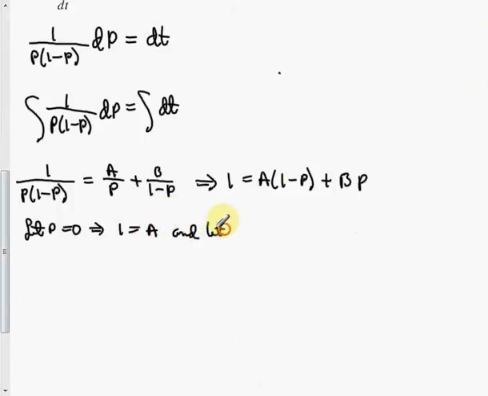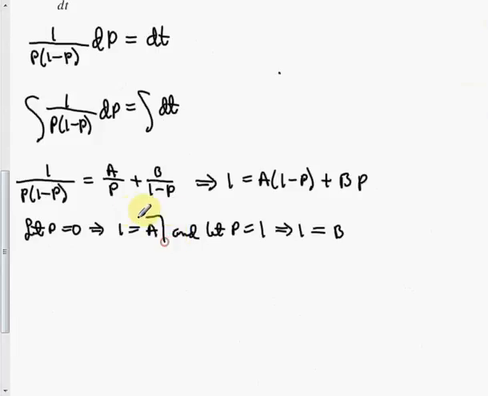And let p equal to 1, cancel out one variable to solve for the other, we call it a and b, the generic constants. So if we let p equal to 1, that'll get rid of a, we can solve for b. That implies that 1 is equal to, that's 0, and then p is 1, so we get b is equal to 1.